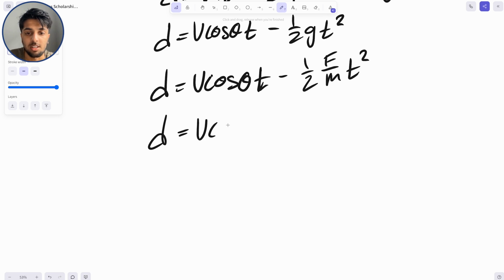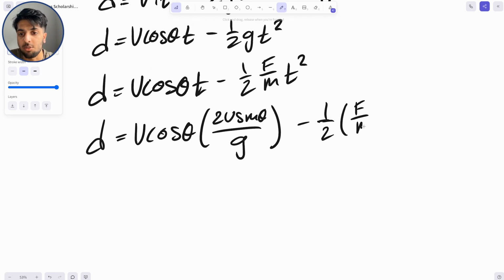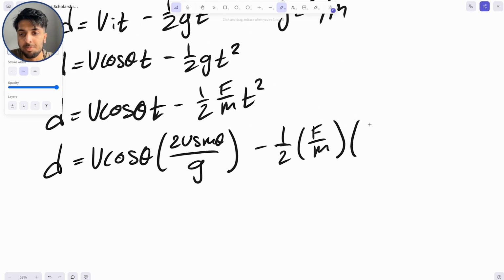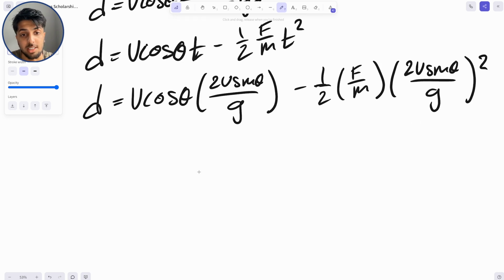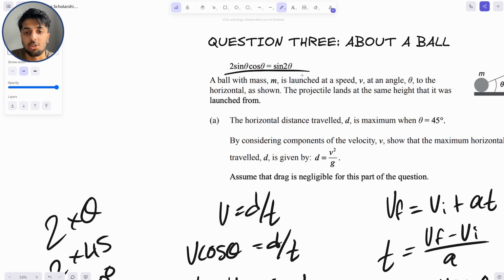We get v cos theta times 2v sine theta all over g, minus half F over m times 2v sine theta over g, squared. Now simplifying this down, we get our v squared, and again we see our cos times sine theta over here, so we can say that this is sine 2 theta, again using this trig identity up here.